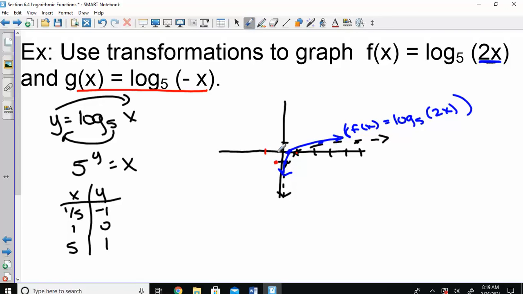We had (1, 0), so it'll go to (-1, 0). We had (5, 1), so it'll go to (-5, 1). So if you have a negative in front of your x, it makes all your x's negative, and just flips it over the y-axis.